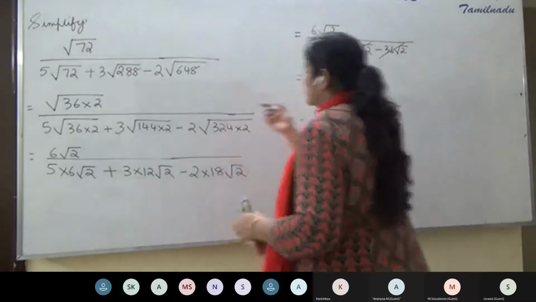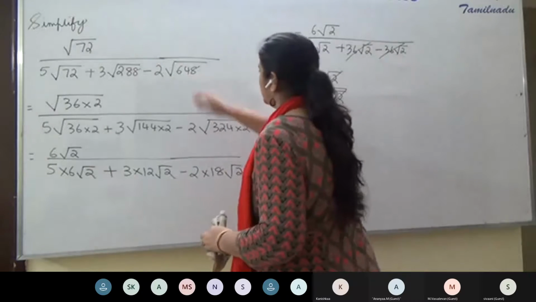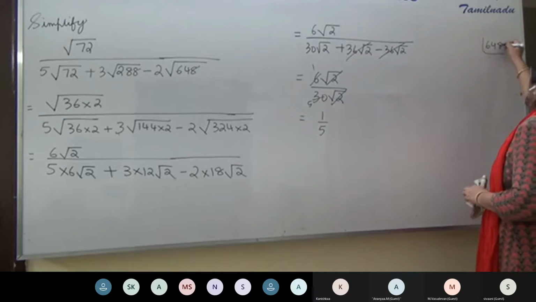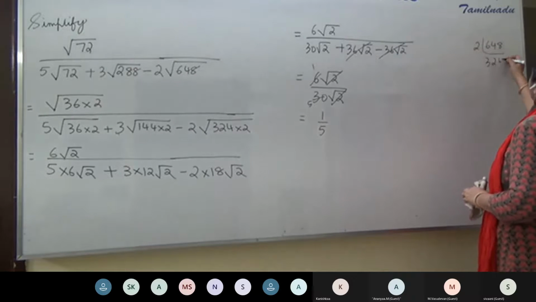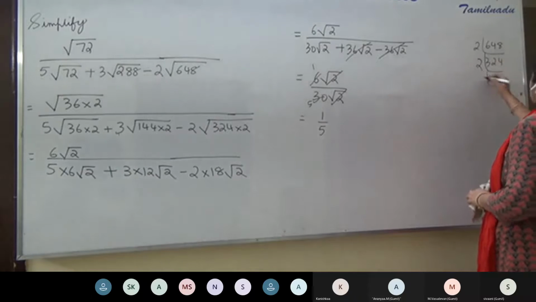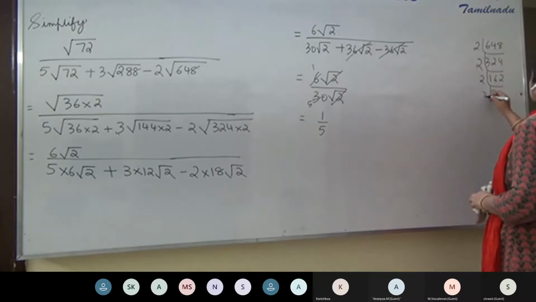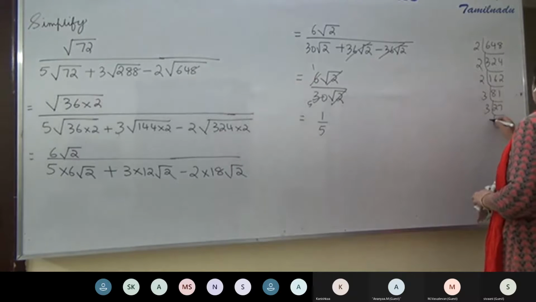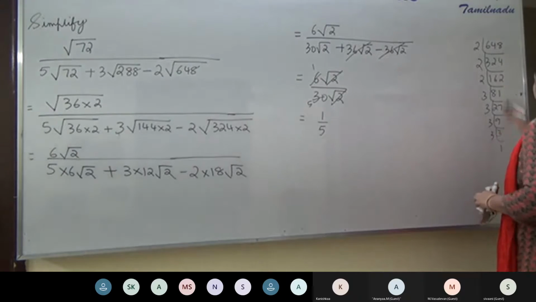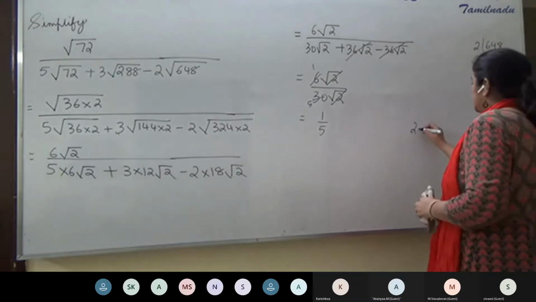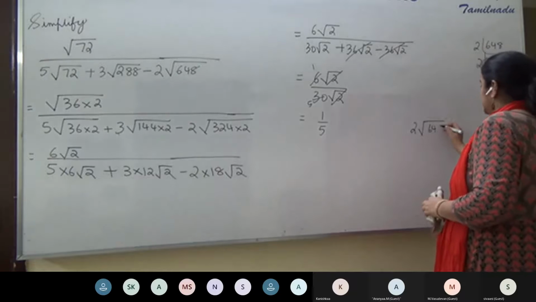Otherwise, I'll just show you for this alone. If it is 648, you'll have to do this: 648, 2, 324, 2, 162, 2, 81, 3, 27, 3, 9, 3, 3, 3, 1. You'll have to find all the prime factors, and I'm just showing only for 2 square root of 648.